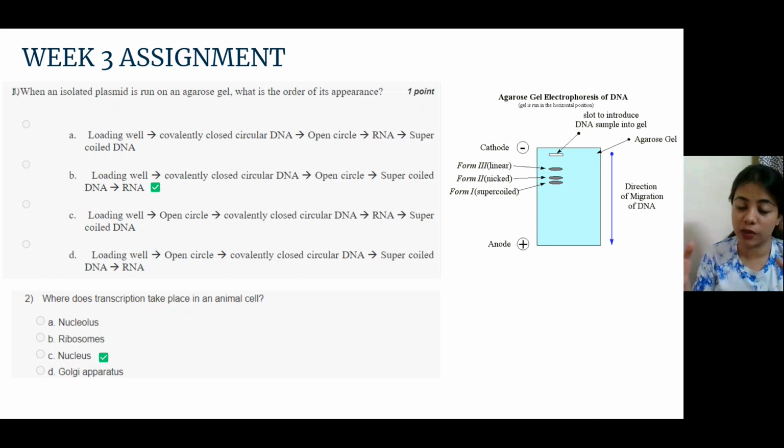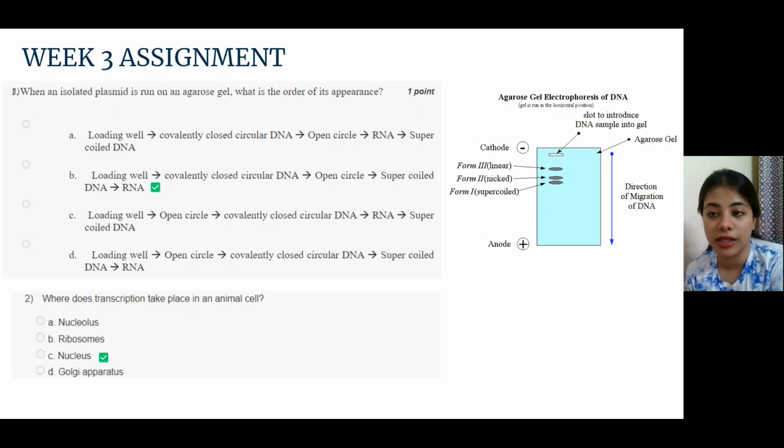There is a gel apparatus within which an electric field is applied. There's a positive electrode, there's a negative electrode, and samples are allowed to migrate. DNA migrates from the negatively charged electrode, in whose direction are the loading wells, towards the positively charged electrode over a course of time.